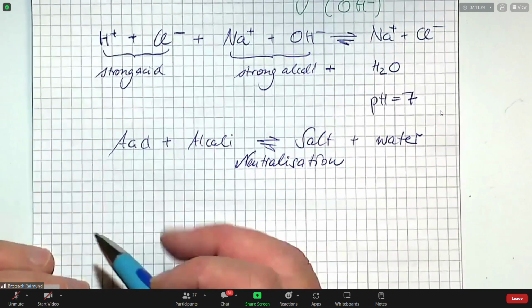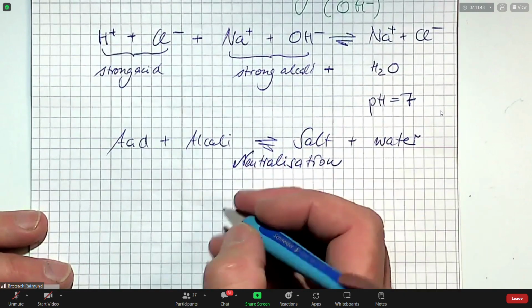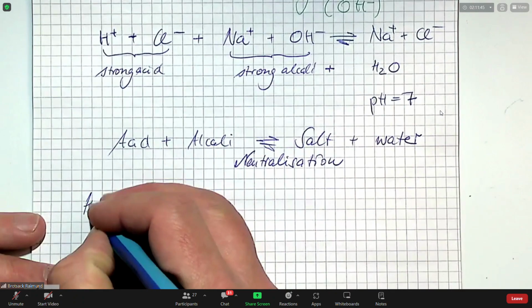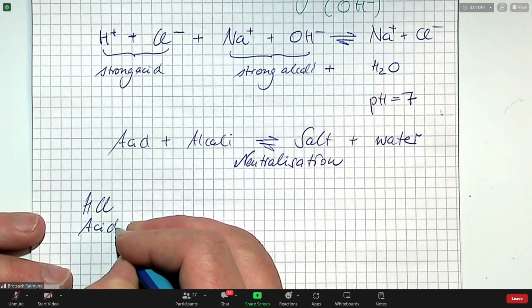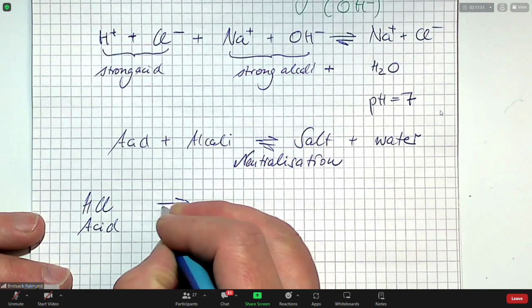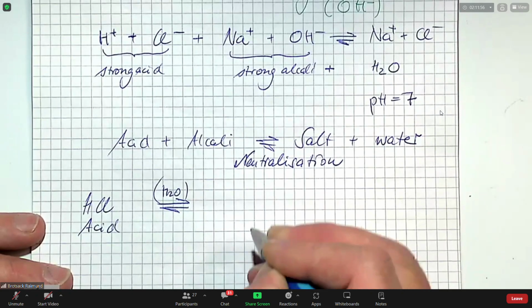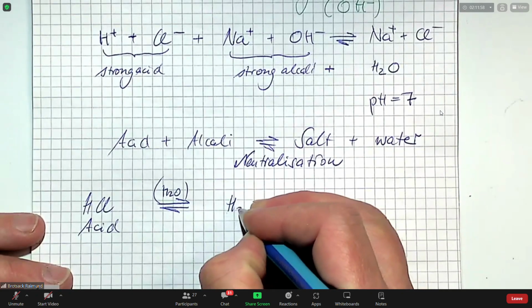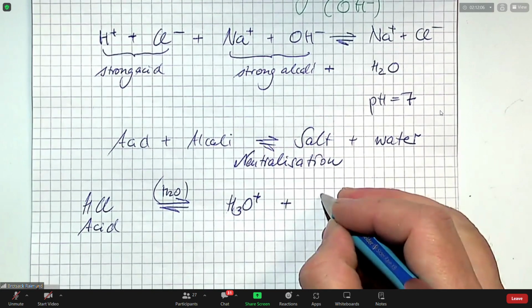Coming back to the hydrochloric acid, HCl, that is the acid. And now we add water, or we put it into water, into H2O. Then we have the H3O plus plus the Cl minus.